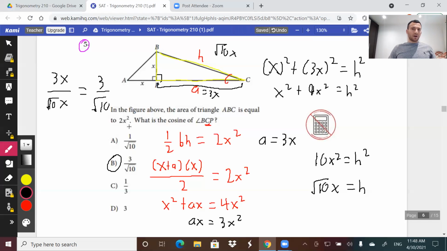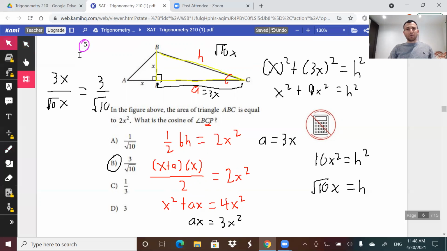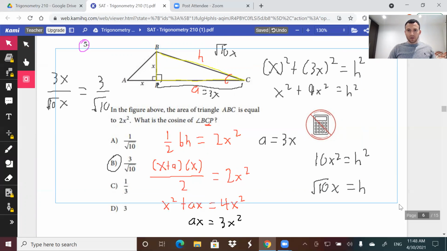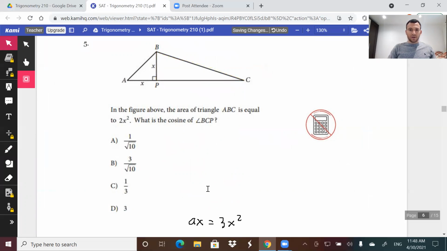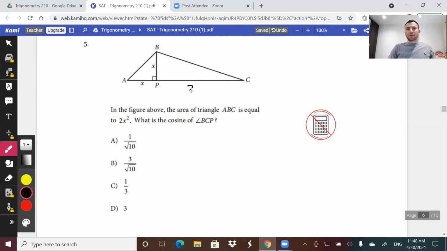Interestingly enough, if you don't feel comfortable with that algebra, what you could do, and I'll just mention this quickly, and then we'll move on to the next problem, is, the minute you know that this is 3x, you can just plug in numbers, because it's just a proportion. So I'll make x 1, I'll make this 3. So what do we end up with?